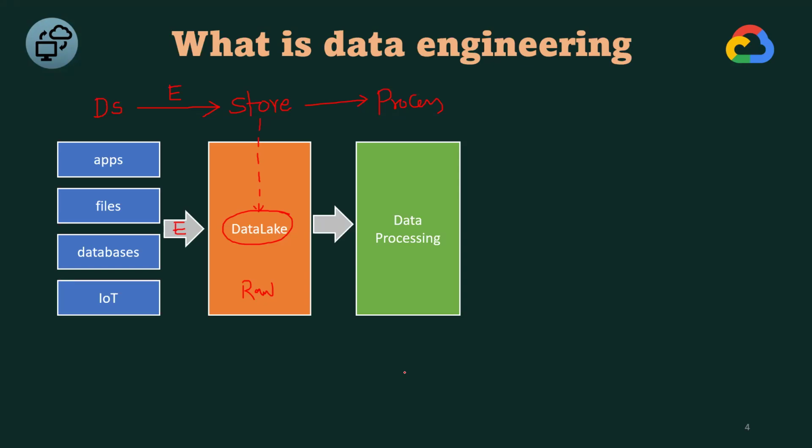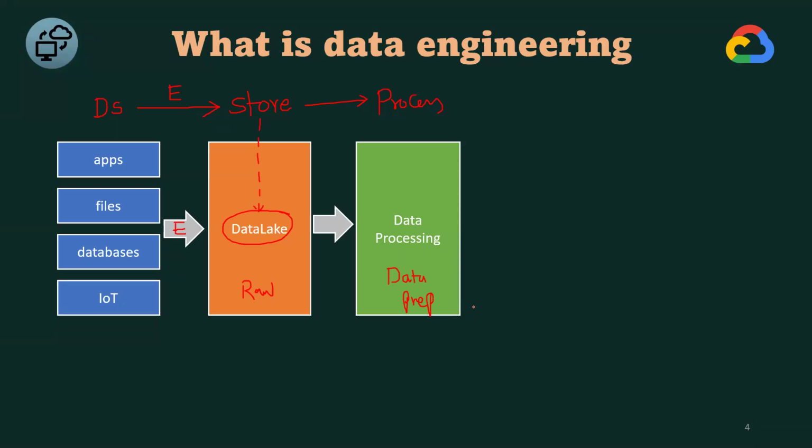The data you have here may not have full value. If you process this data, it will be very useful for the analysis. So this process is also called data preparation for analysis purposes. You prepare the data here for the analysis, so you can also call it data processing.